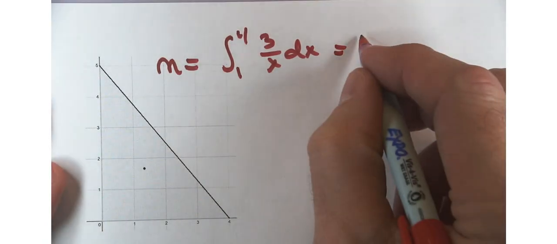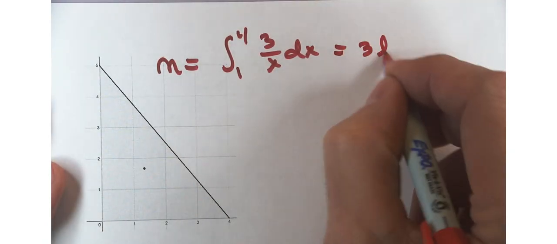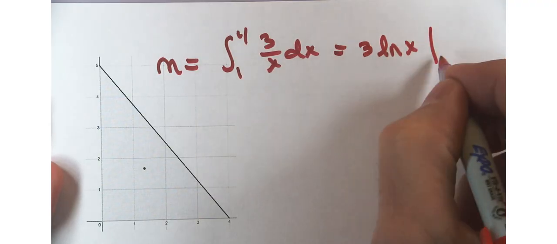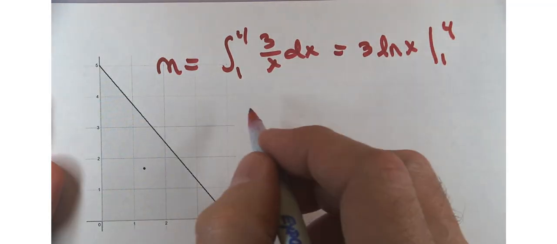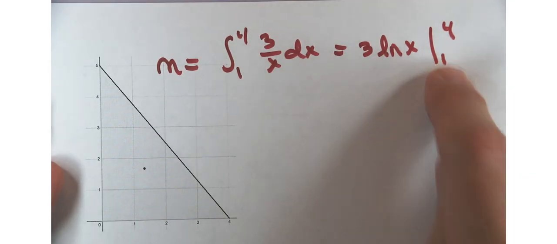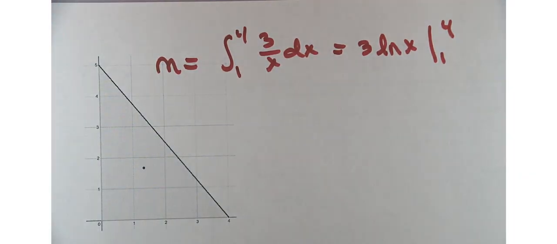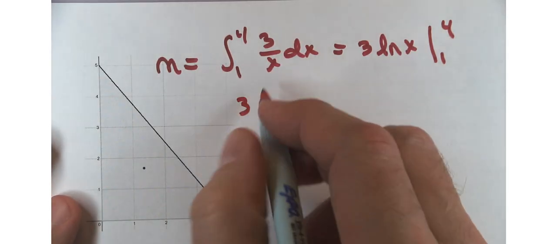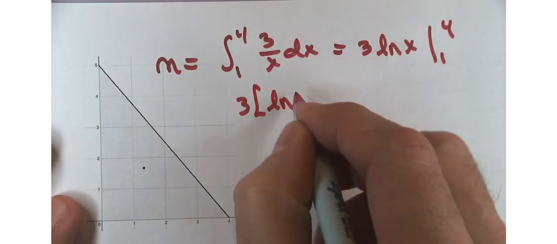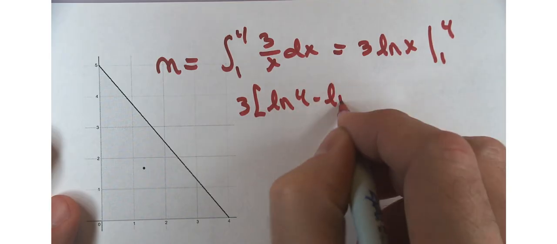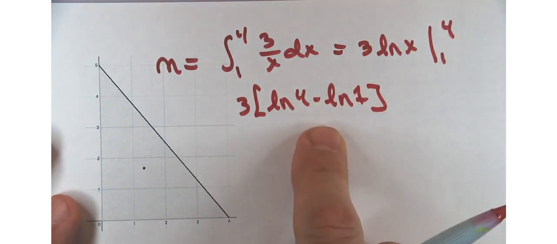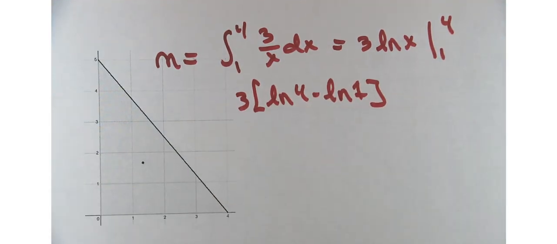That's going to be 3 times the natural log of x between 1 and 4, or 3 times the quantity ln of 4 minus ln of 1. Now, ln of 1 you should be familiar with. What's the natural log of 1? 0. Thank you. Appreciate you making me look good.